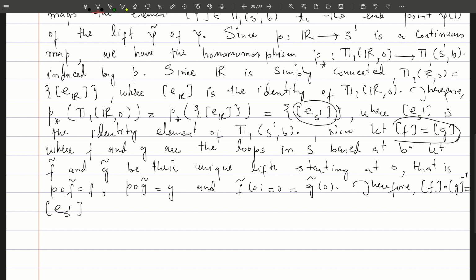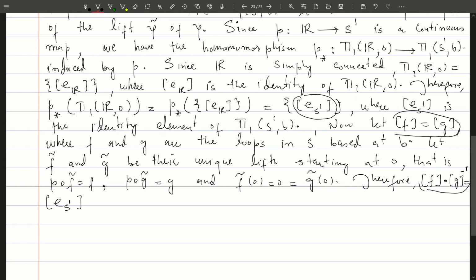So one can note that this homotopy class of F product with G inverse is equal to P star of an element of pi 1 of R at 0.